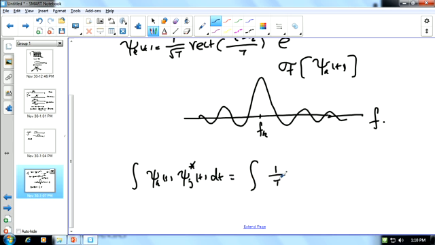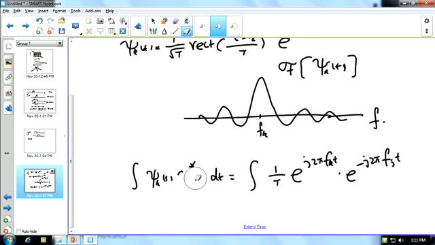We will have 1 over T, e^{j2πf_k t} times e^{-j2πf_j t}. Let's not use j because I already used it for the imaginary symbol.